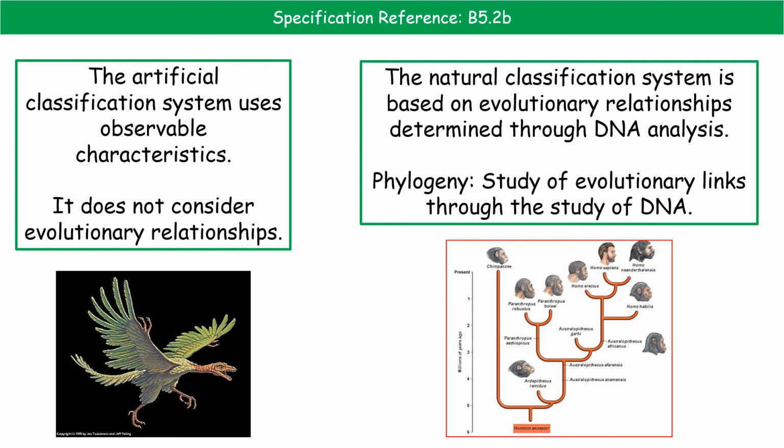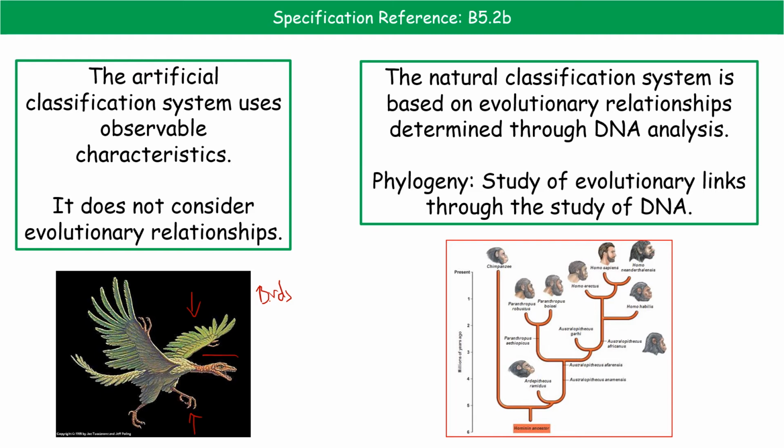There are some problems with this, and we've got a little picture of a problematic creature at the bottom there, because if we look at it, you might be sitting there thinking, well, okay, where does it go? Because if we think about groups we know, then you might be looking thinking, well look, right there, we have wings. Feet look kind of like a bird as well, so surely it goes in with the birds.